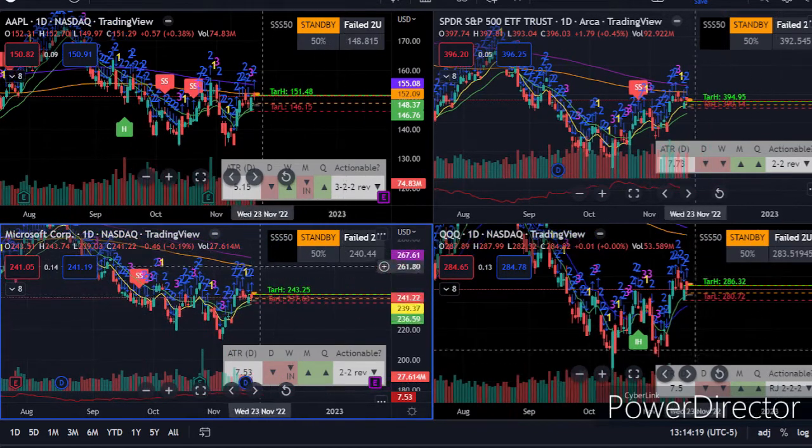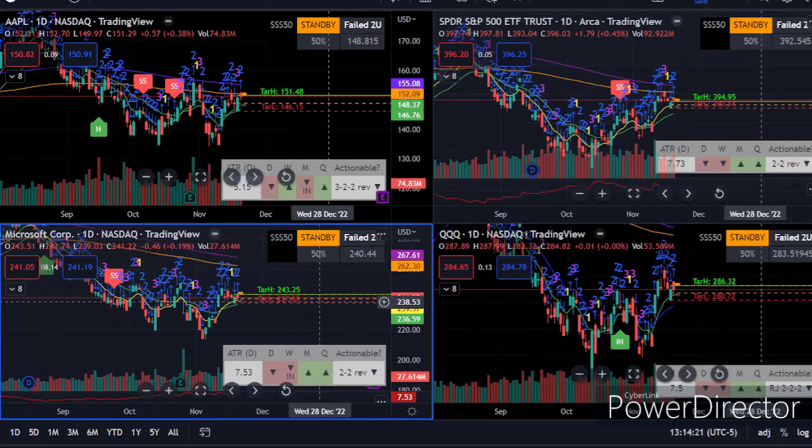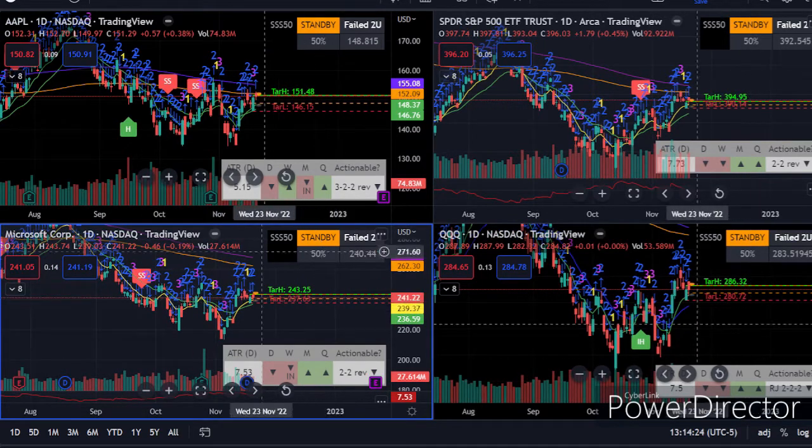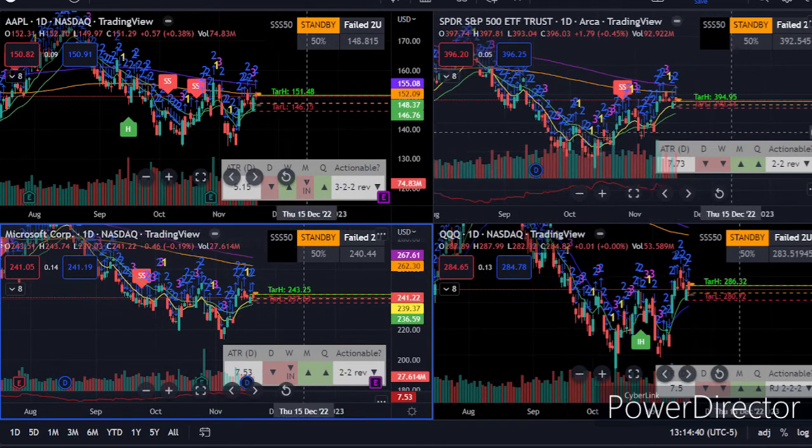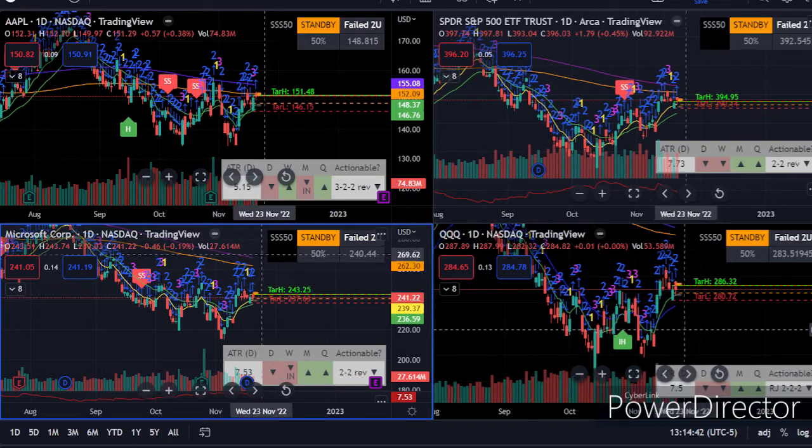Microsoft's still way below it, so keep in mind that these two can really hold the market up or drop it. You've seen that before: if everything else is falling, but Microsoft is not falling, the market can't really fall like it wants to because Microsoft is holding it up. So we want to keep those things on our radar.